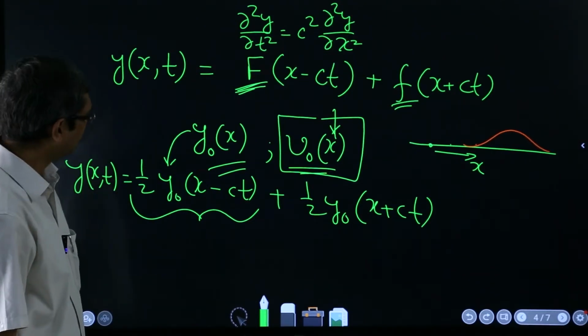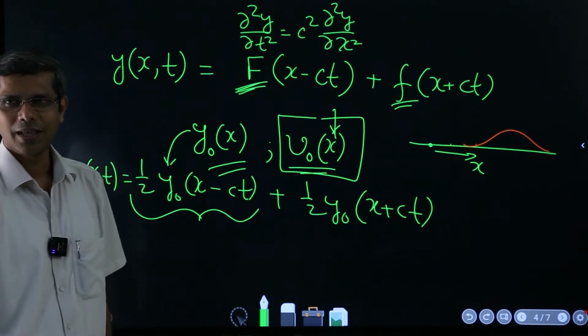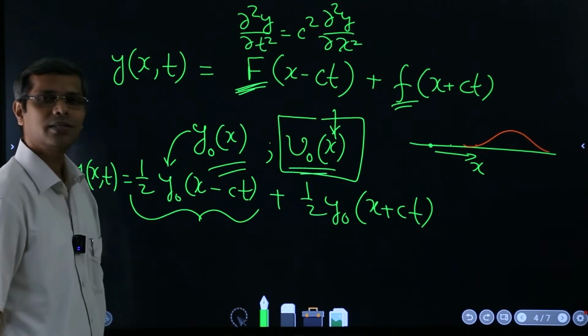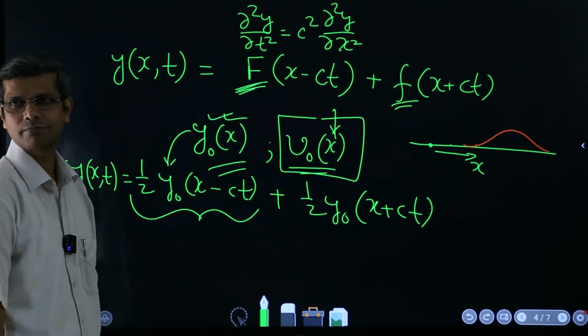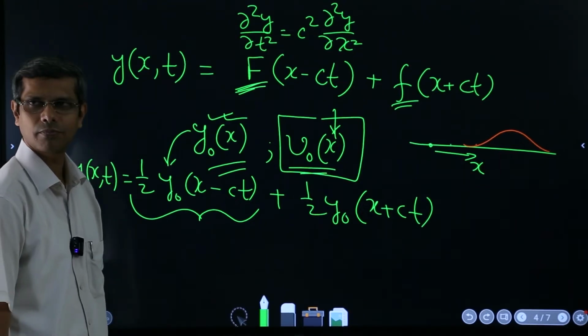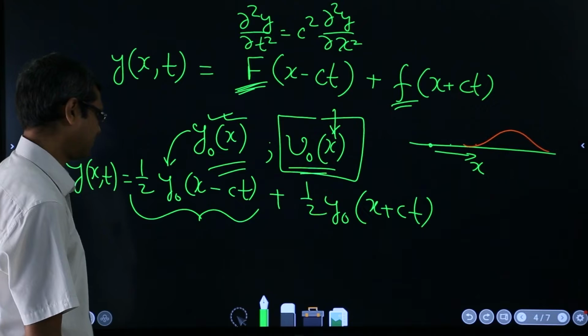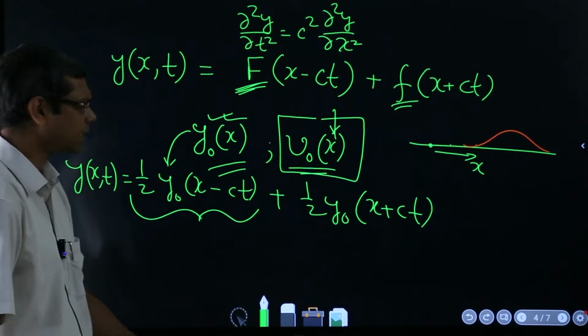So suppose this is the solution for the transverse wave equation with the given initial condition, when the initial condition is like this. Okay. Now what? Sir, can you repeat what you just told? The last sentence?